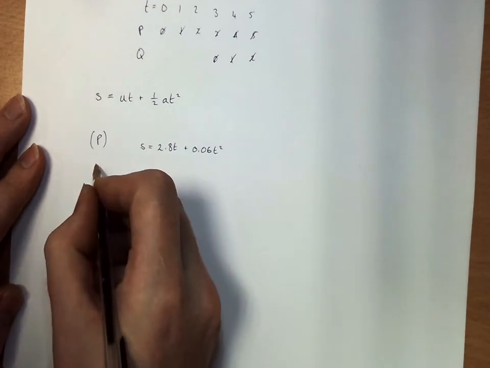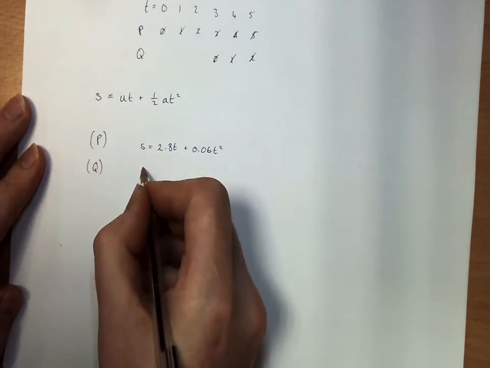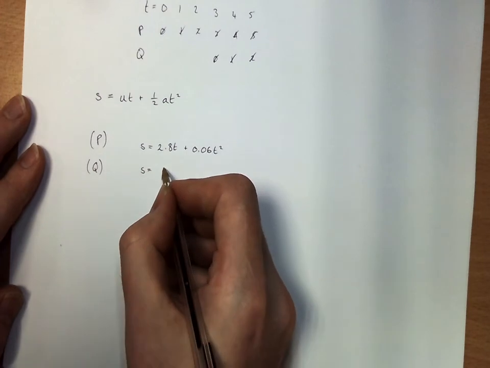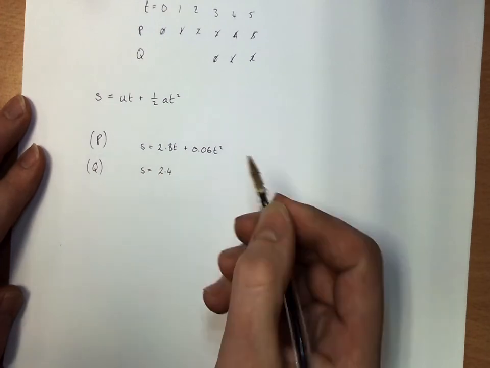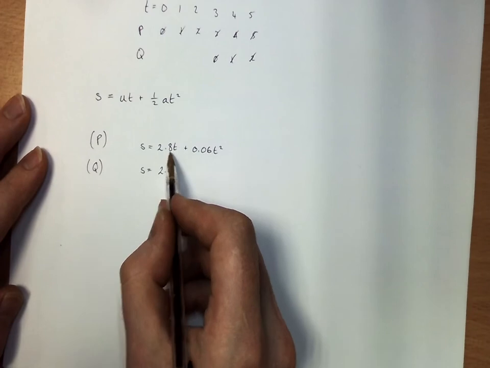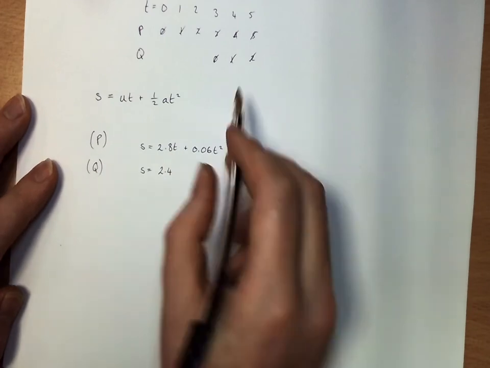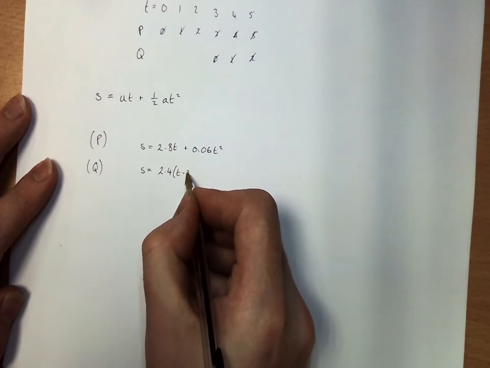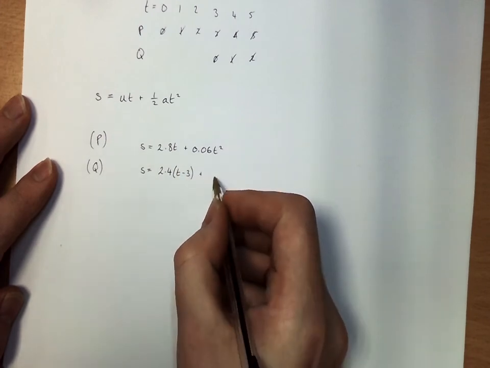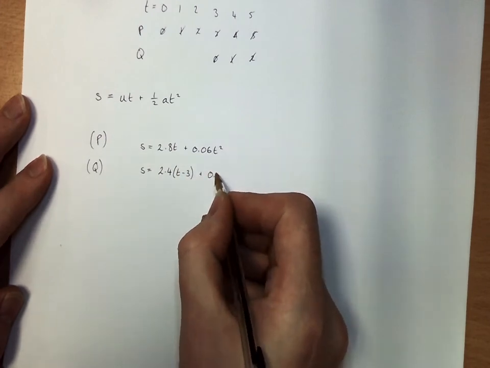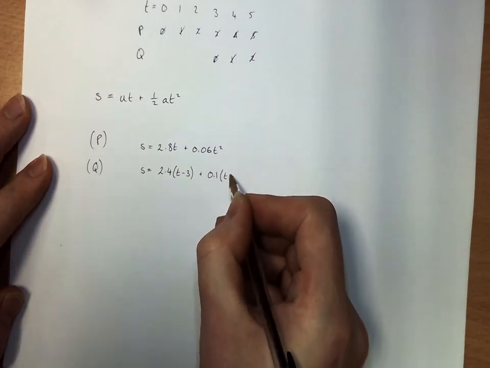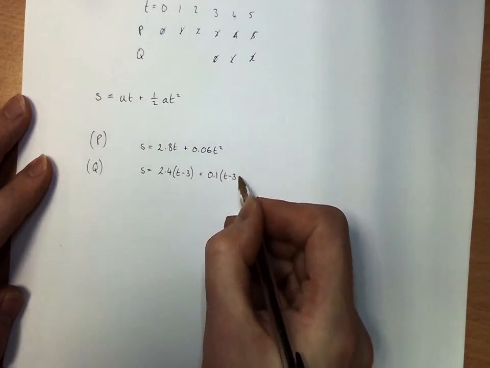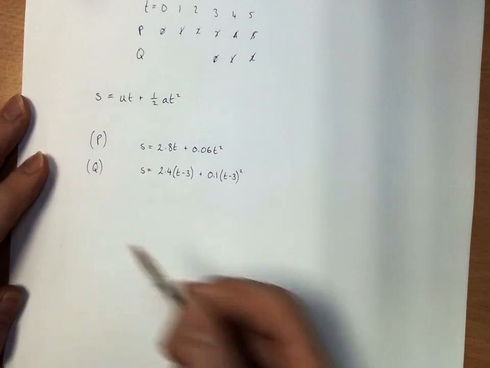I'm going to do the same for Q. So S equals the starting velocity of 2.4, but this time t is different. This t is not the same for Q. This t we have to take away 3 to get there. So it's t minus 3 plus a half of 0.2, so 0.1, and again the t is not the same as this t, we had to take away 3 to get it relative for Q.